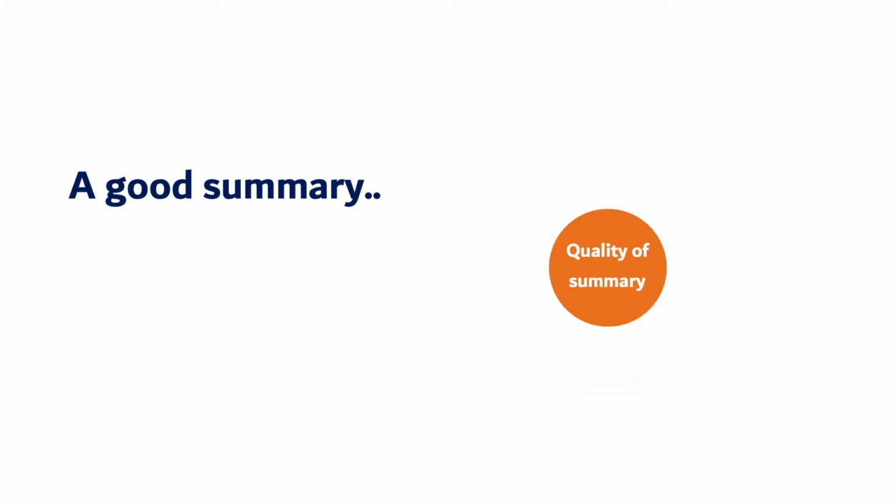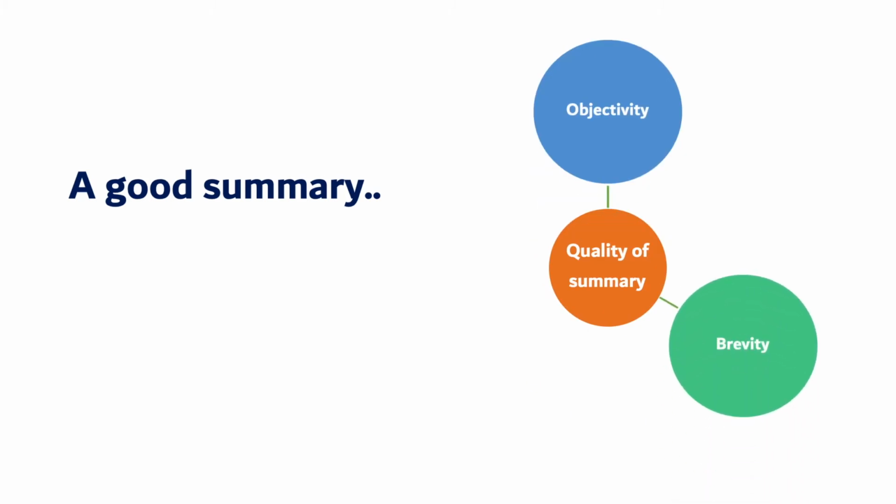So before we talk about the technique, I will talk about a good summary. What makes a summary a good summary? So actually we have to consider the quality of summary. There are three things that are very important. The first one is objectivity.